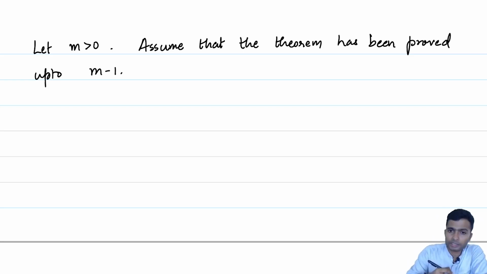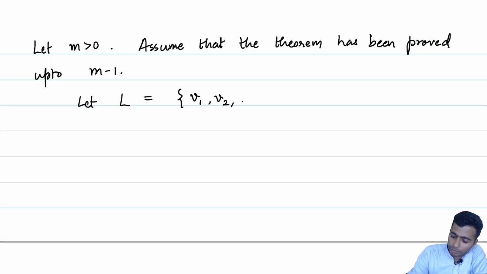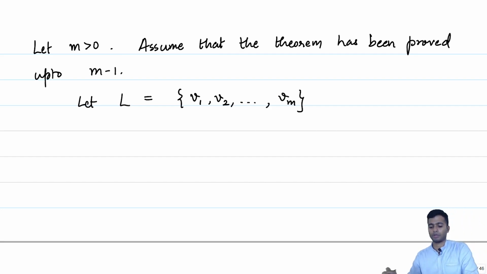So let L be equal to V1, V2, say up to Vm. L is a linearly independent set.